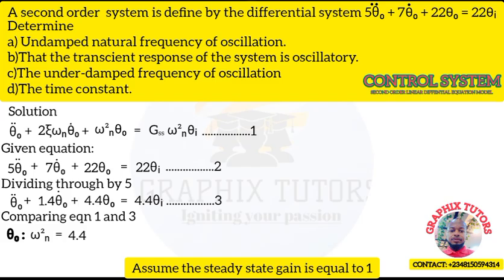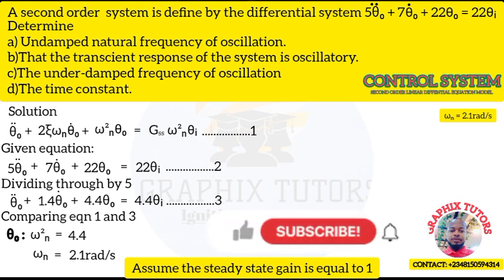Now take your square to the other side. My omega sub n, which is my natural frequency, is the square root of 4.4, which is 2.1 rad per second.